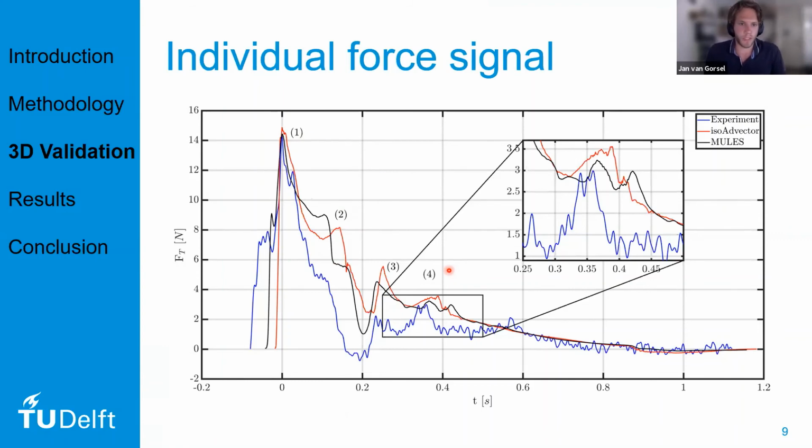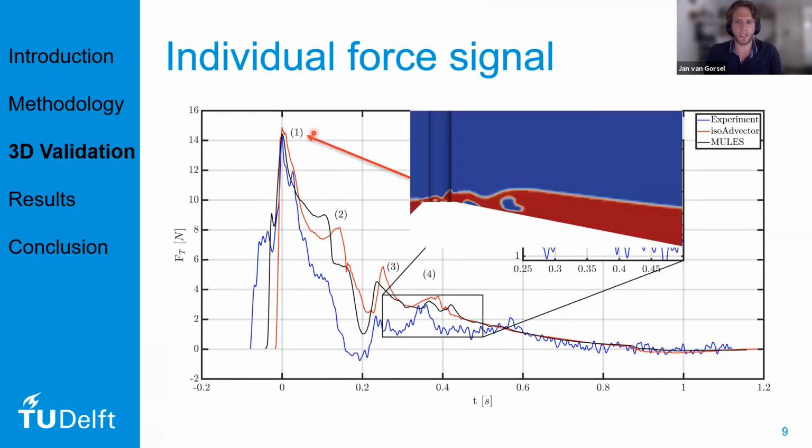The first peak is due to the initial violent impact of the water body onto the structure. The second peak is caused by the water that was first moving upwards. It's now falling downwards, creating a high pressure gradient at the toe of the structure, and this also results in a peak force.